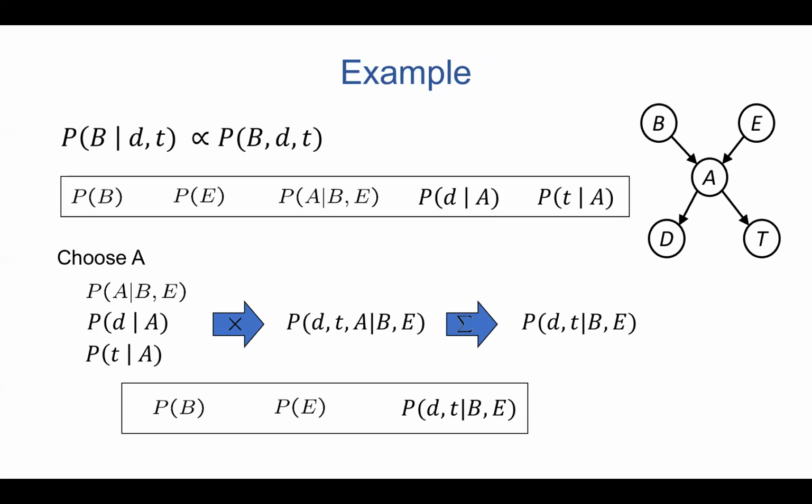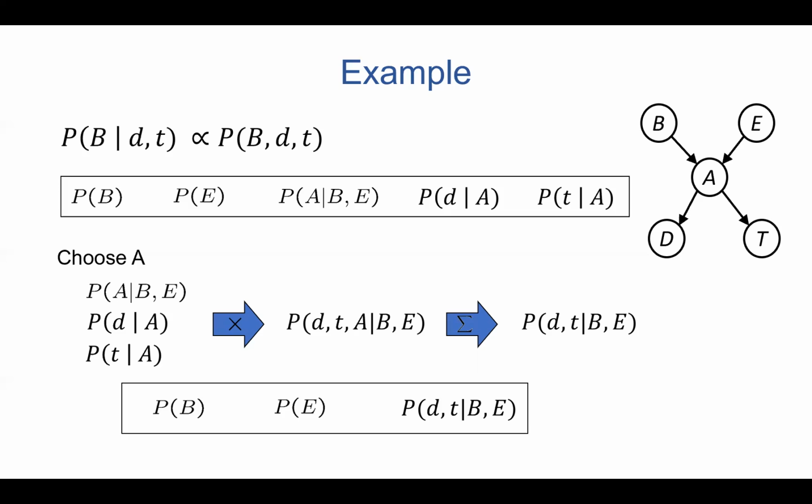Now let's try to solve a query by joining and variable elimination, by actually implementing variable elimination in our, once again, alarm network example. Suppose that we have the query probability of burglary given +B and +T, just like what we have seen before. Let's go step by step and see how variable elimination actually works.